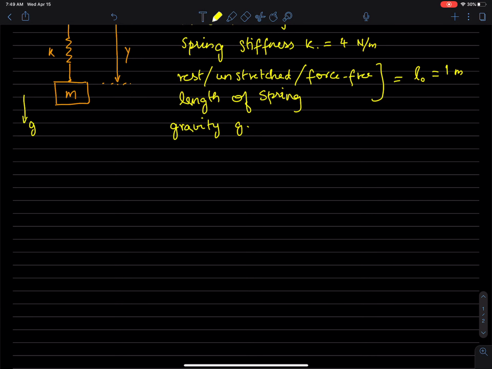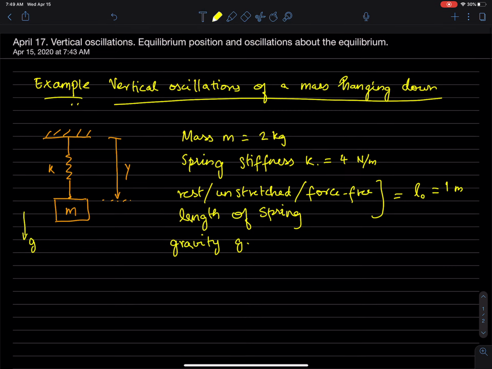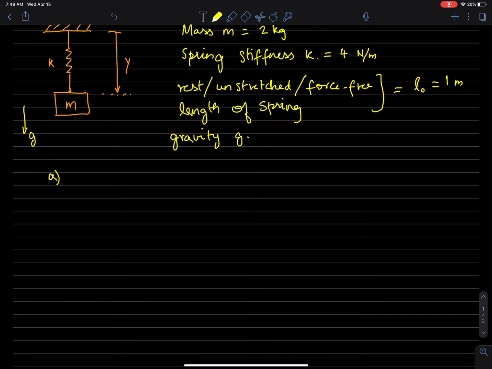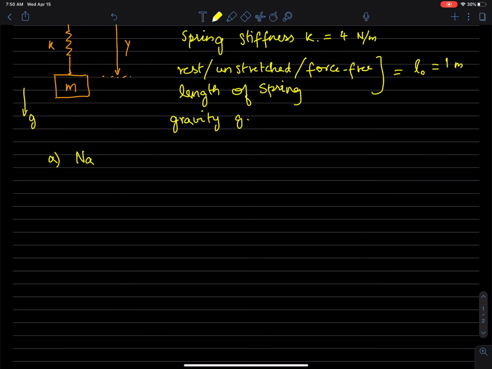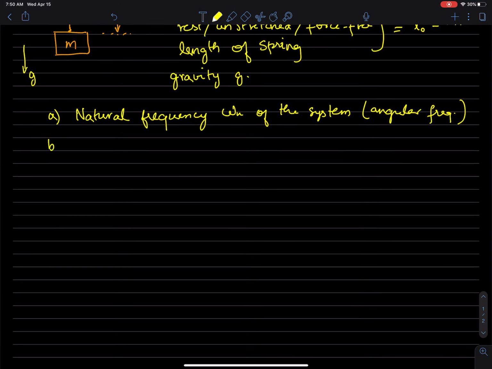And here are the questions. A, natural frequency omega n of the system. In other words, the angular frequency. B, natural frequency Fn of the system.